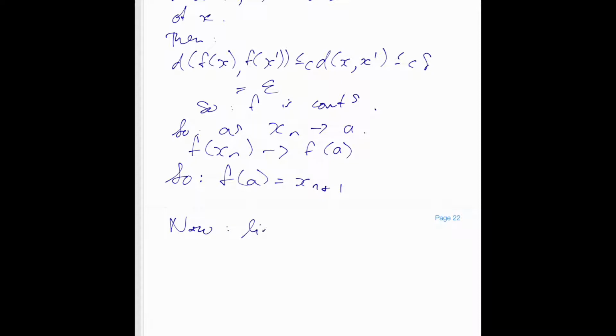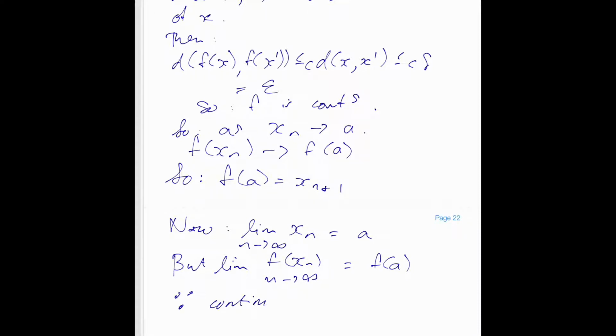And the limit as n tends to infinity for xn is equal to a, and the limit as n tends to infinity of f of xn will thus also equal to f of a.